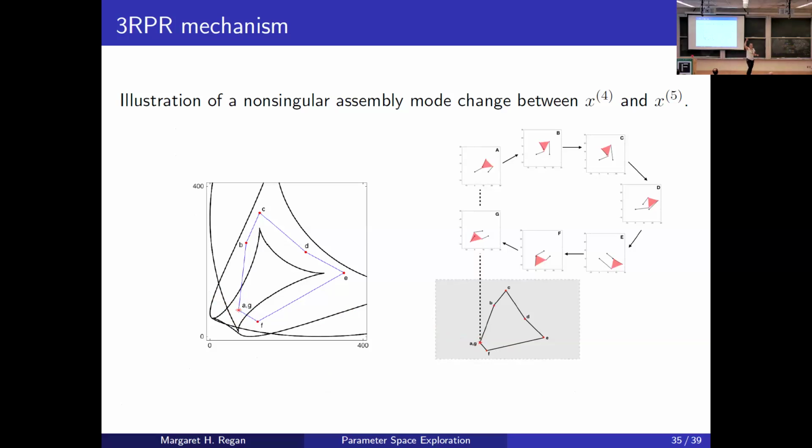Our legs are growing and shrinking. Sorry, we started with the mechanism at the top, and we ended up with the mechanism at the bottom, where we can very visually see that these live over the same parameter point, so our leg lengths are the same, but the orientation of our platform is different. So we do have an interchanging of these 2 solutions here.